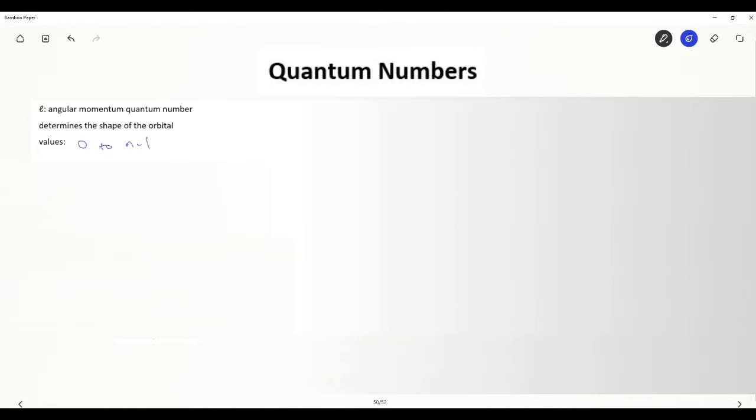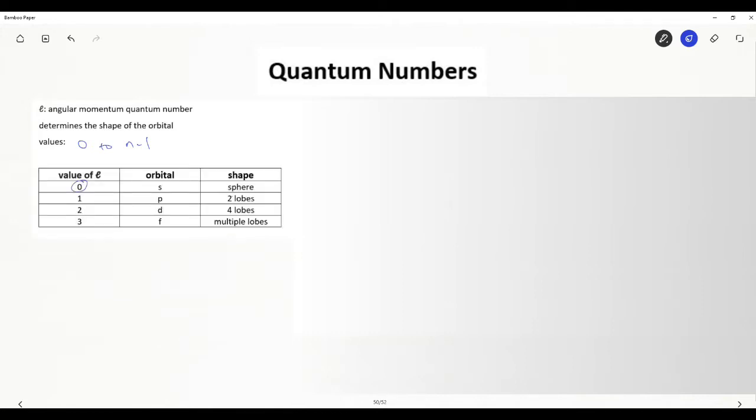So let's run through our values of l, and I'll show you the pictures of what the orbital looks like. We'll start with l equals 0. That is called the s orbital, and its shape is a sphere. So here is a picture of a sphere. Pretty simple, right?